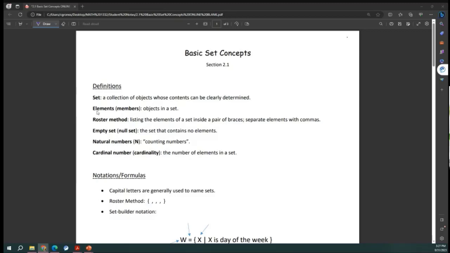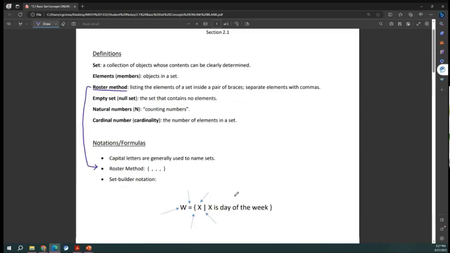Some of the questions will ask you to list out the elements using roster method. Whenever you use roster method, we're just basically listing all of the elements inside a pair of braces, and we're separating the elements with commas. So if you look down below at the notations and formulas, it has a little example for you for roster method.